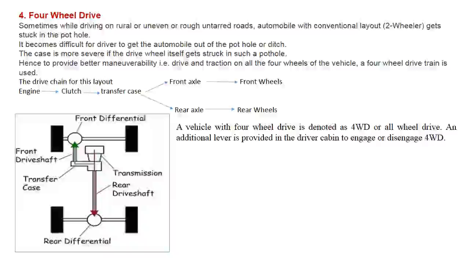This is the front wheels, front differential, the transmission, then the transfer case, that is the auxiliary gearbox, and the rear differential. The engine, transmission system and clutch system are suspended in between the front axle and rear axle, no matter whether it is at the front or near the rear side.